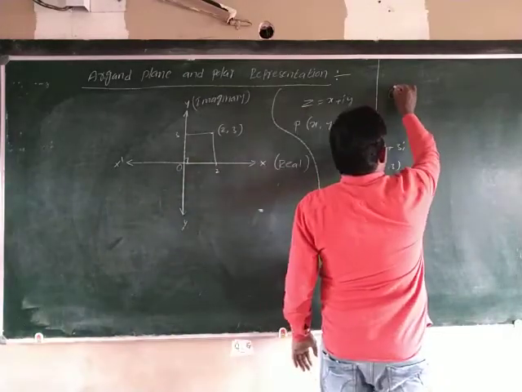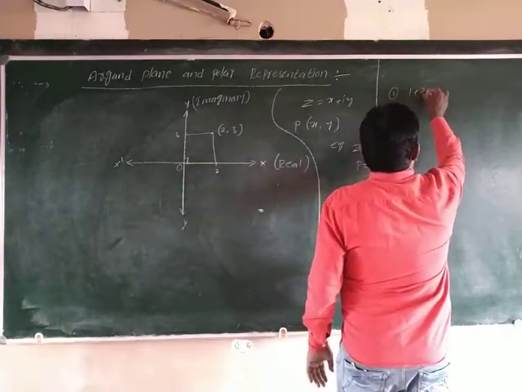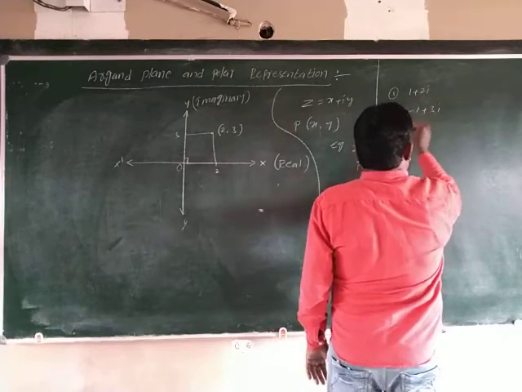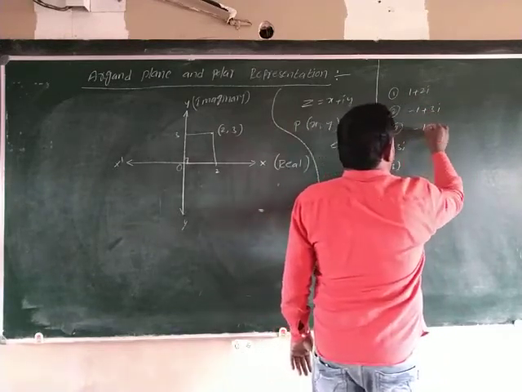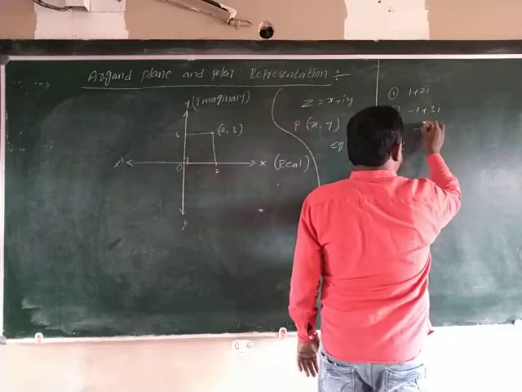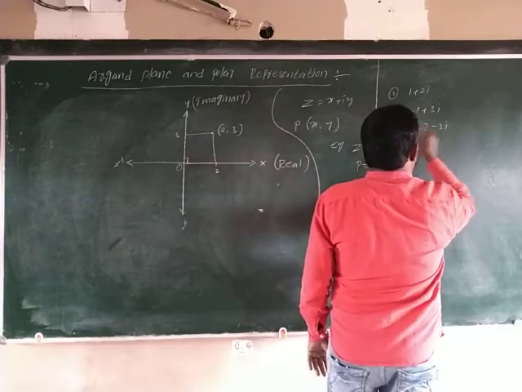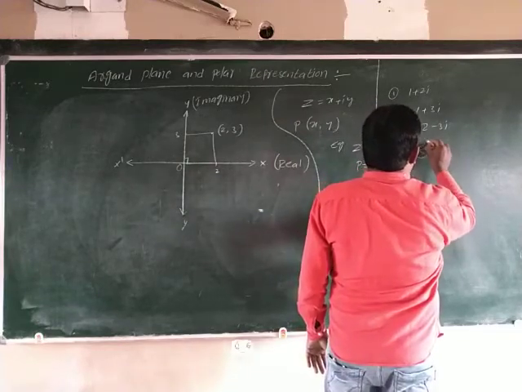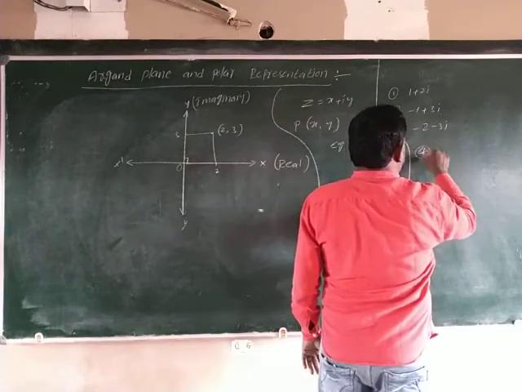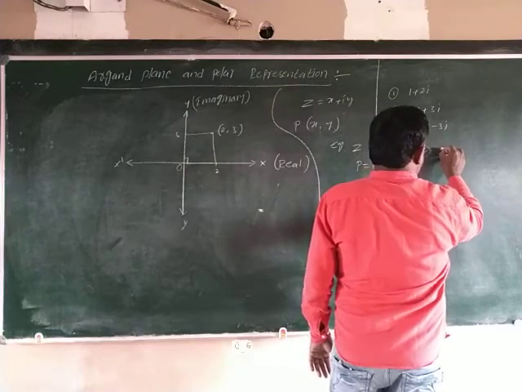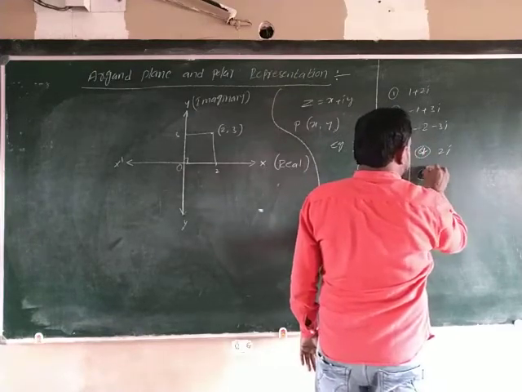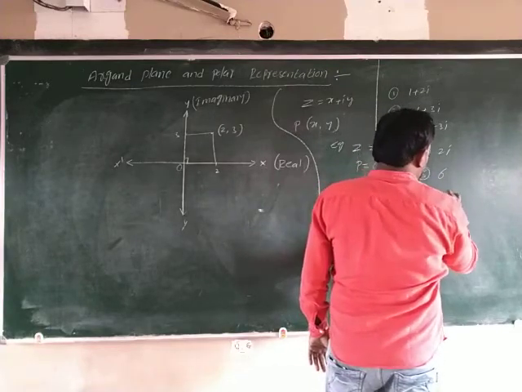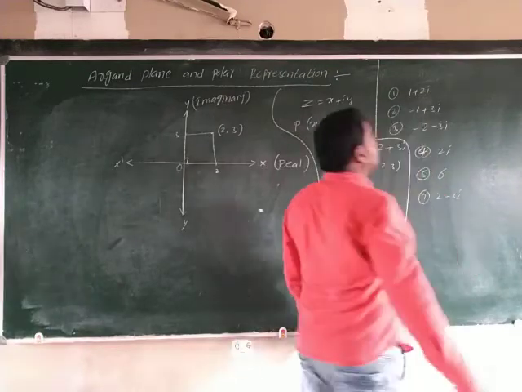First question, 1 + 2i, second one, -1 + 3i, third one, -2 - 3i, fourth one, 2i, fifth, 6, sixth, 2 - 3i.